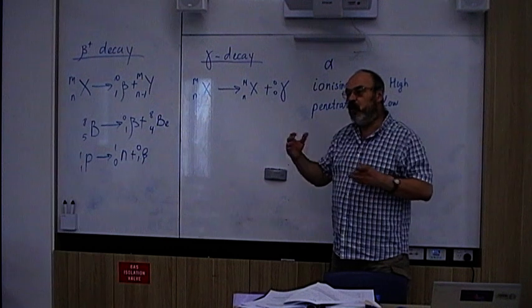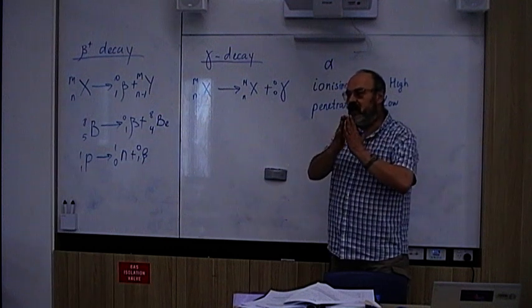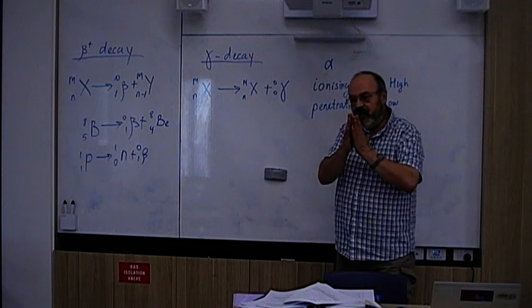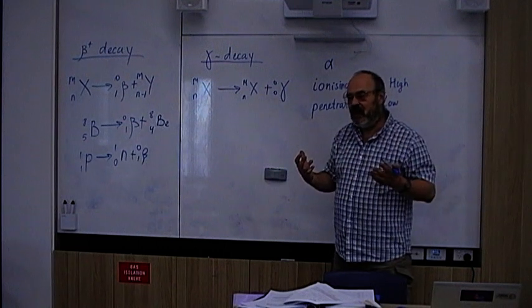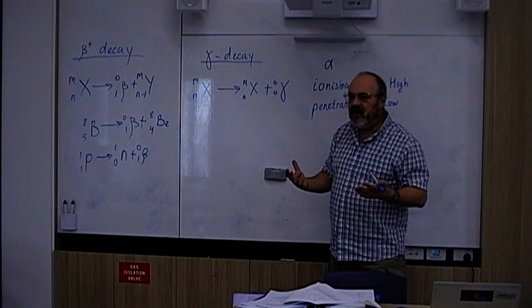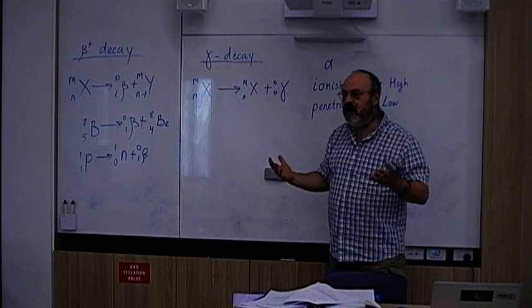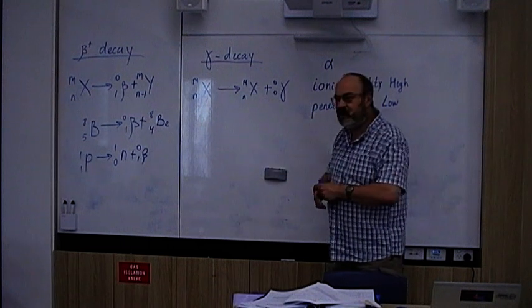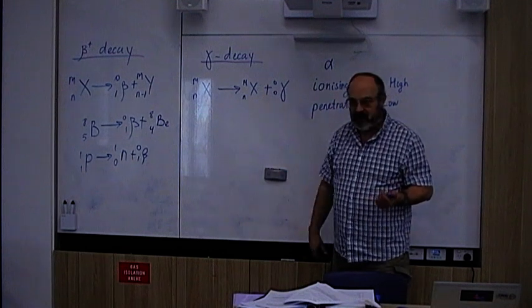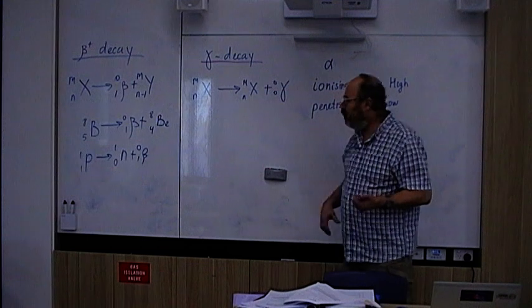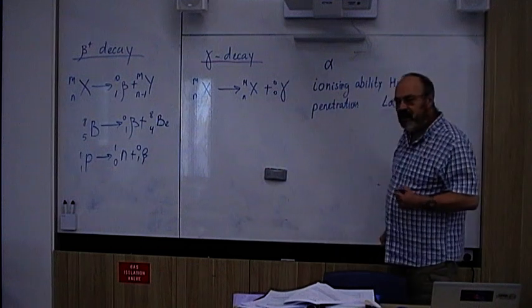But if smoke comes in, it stops alpha particles from hitting the detector and the alarm goes off. Is it dangerous to have this source of nuclear radiation, in this case alpha radiation, at home? No, it will not get out of the detector. It has very low penetrating ability.